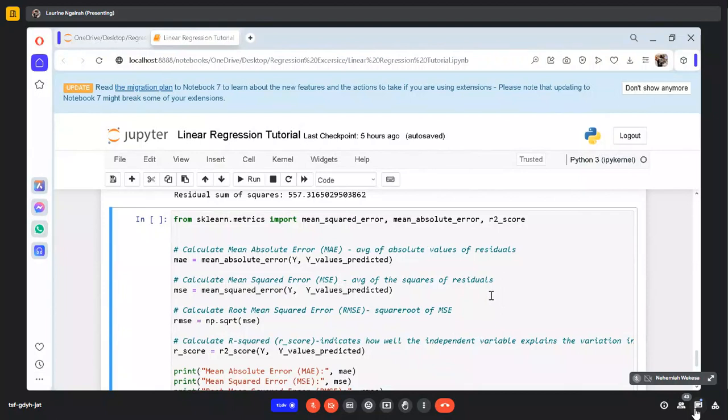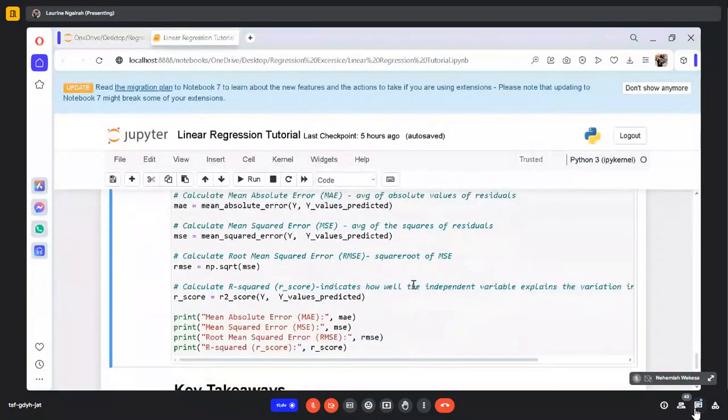So we are taking those residuals, which is the difference between our line of best fit and the actual data, and then we are getting the average. So this is the code for getting the MAE, and with MAE it is still the same. The lower the MAE, the better your model.